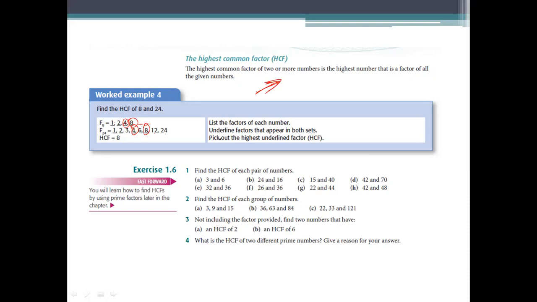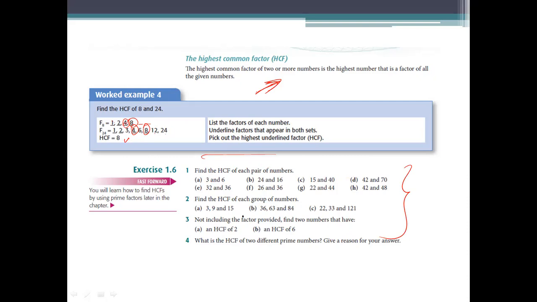Okay, so what was the explanation? Underline the factors that appear in both sets, and pick out the highest underlined factor, the HCF. So the answer is 8. We have some examples, I hope it's understandable for you. Find the HCF of each pair of numbers.